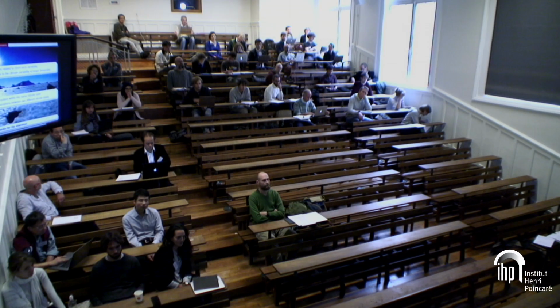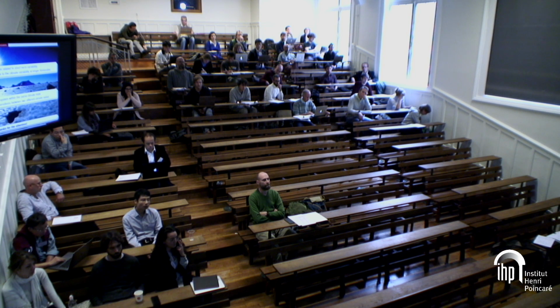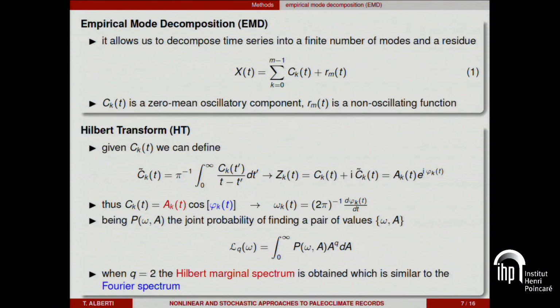Yes, this is one of the works we have carried out. By using this formula, I will show you. Yeah, that was the one. This one is the generalized Hilbert spectrum.